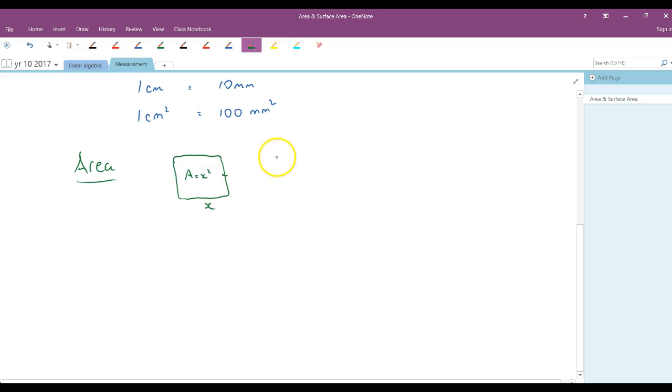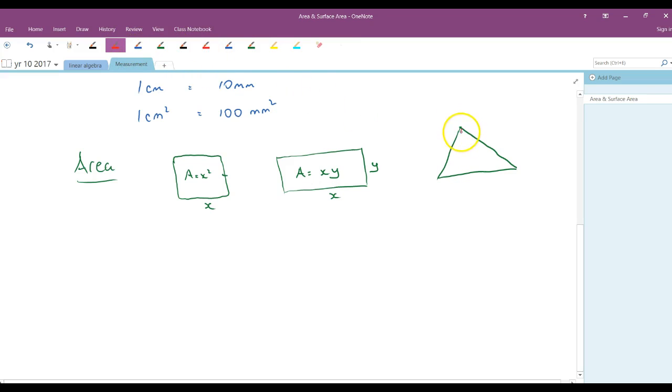Now if I've got a rectangle with x and y, my area is just xy. Now if we've got a triangle, I'm racing through this stuff because I know you know it. If I've got a height and a base, then my area will be 1/2 times base times height.